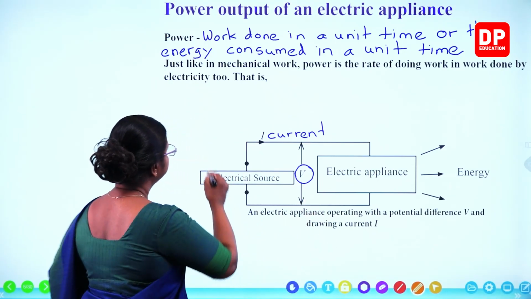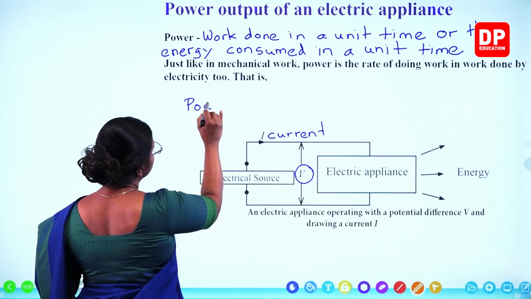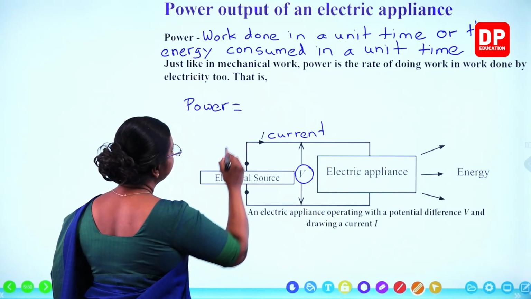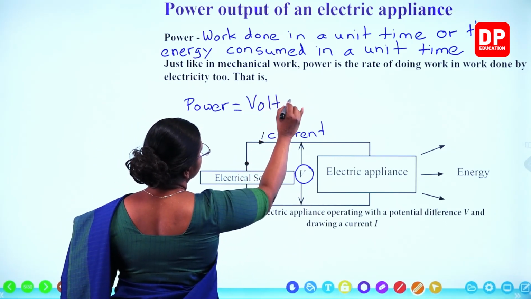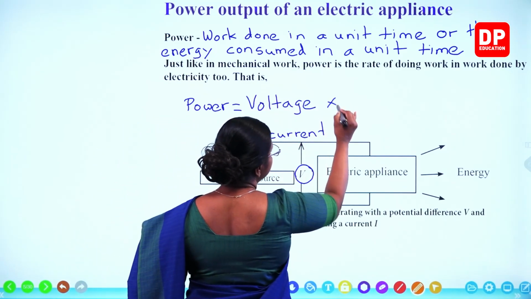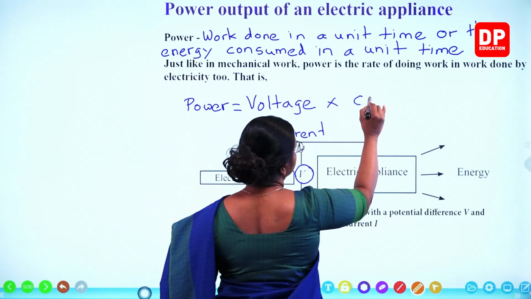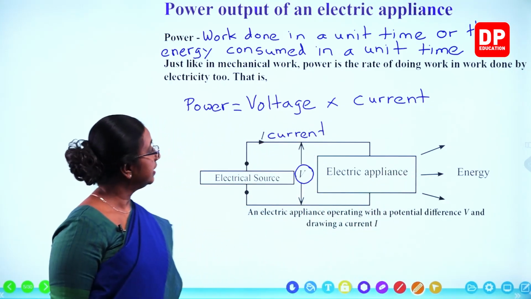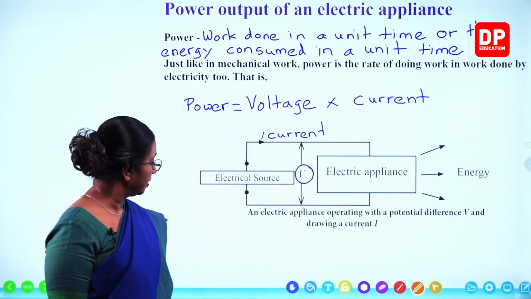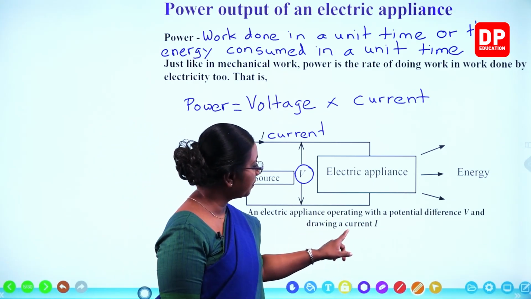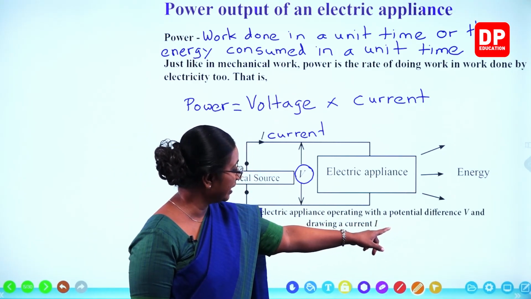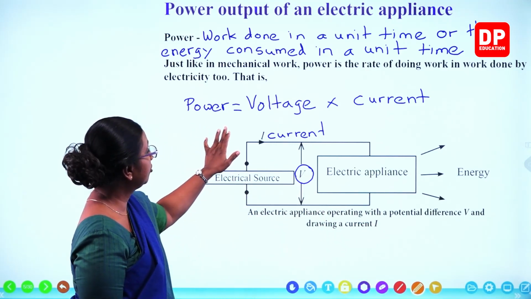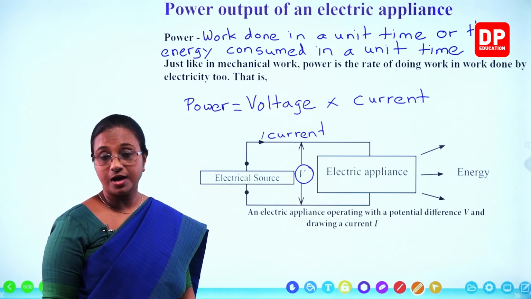And this power is equal to the voltage across the electric appliance multiplied by the current. Power is voltage into current. An electric appliance operating with a potential difference V and drawing a current I will have power equal to voltage into current.